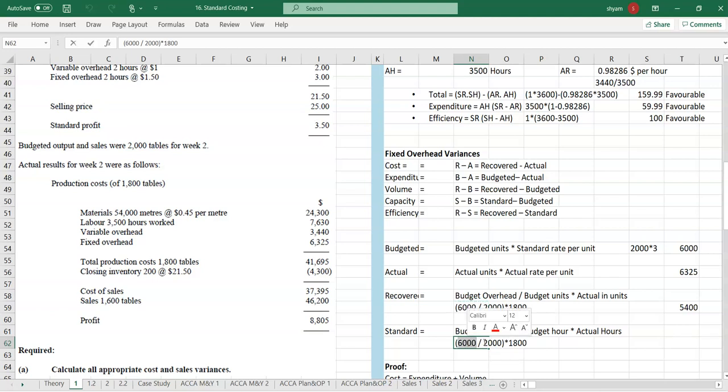Budgeted hours. So budgeted hours is, 2000 units are there, and each unit will take how many hours? As per budget, it will take 2 hours. Actual is 1800, and how many hours it takes? Into actual hours we have to put. Actual hours is not at all available here.